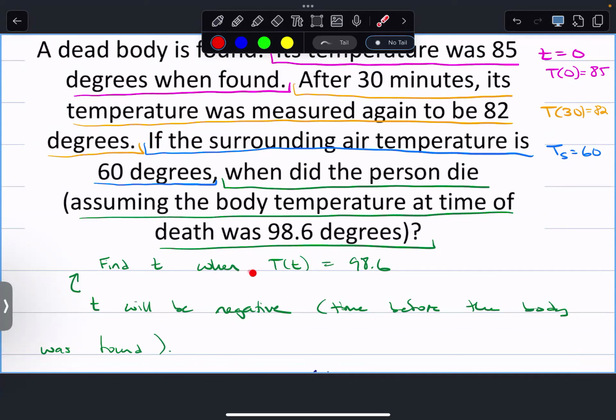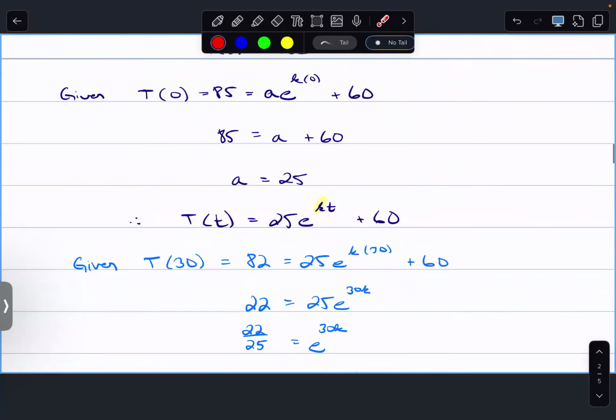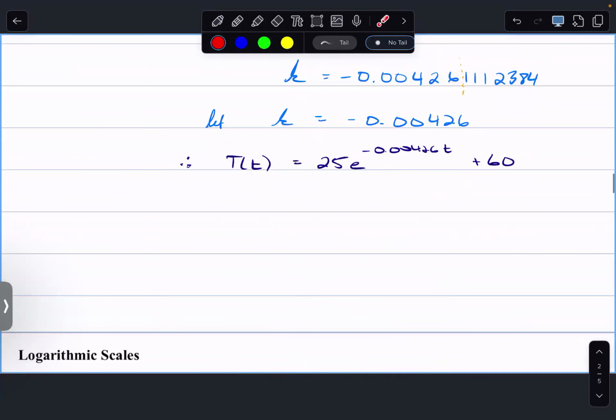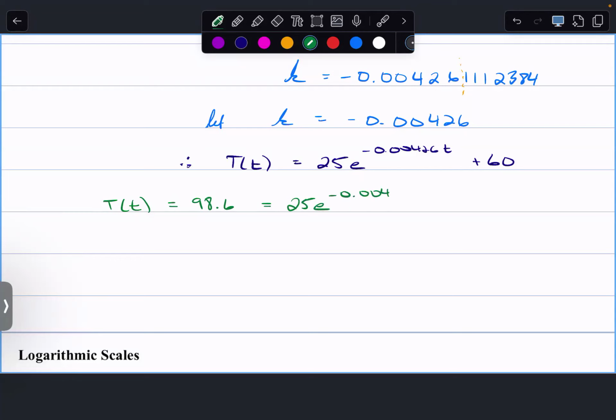We want to find t when T of t is 98.6. So let's set T of t to 98.6, but T of t also equals 25 e to the negative 0.00426 t plus 60.